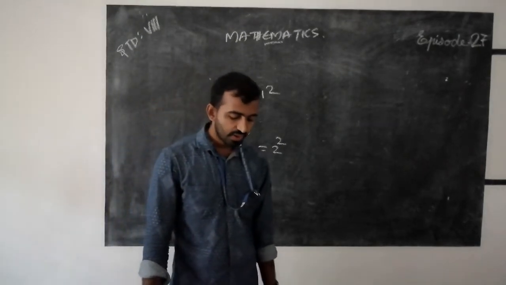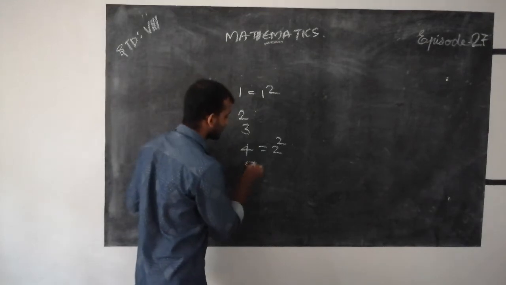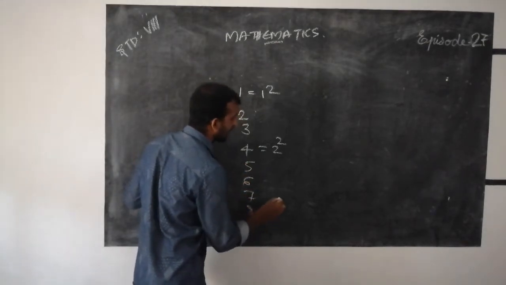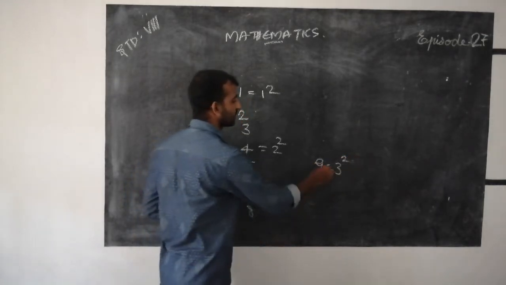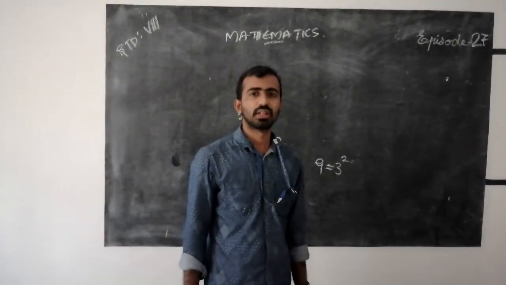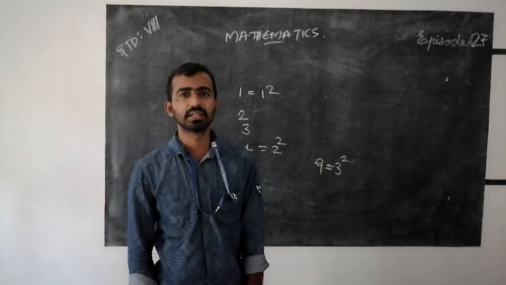In the next case, 5 is not, 6 is not, 7 is not, 8 is not, 9 equal to 3 square. What is the meaning?